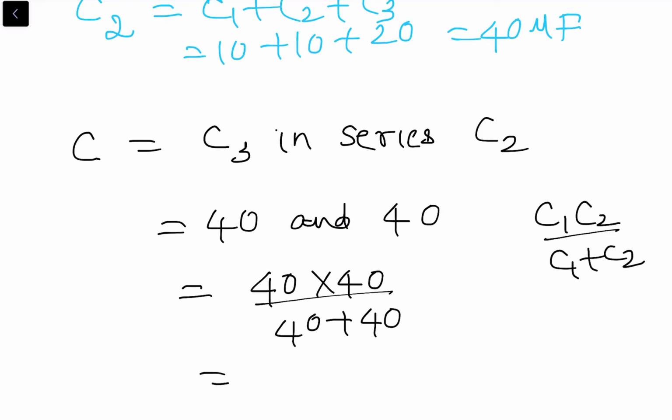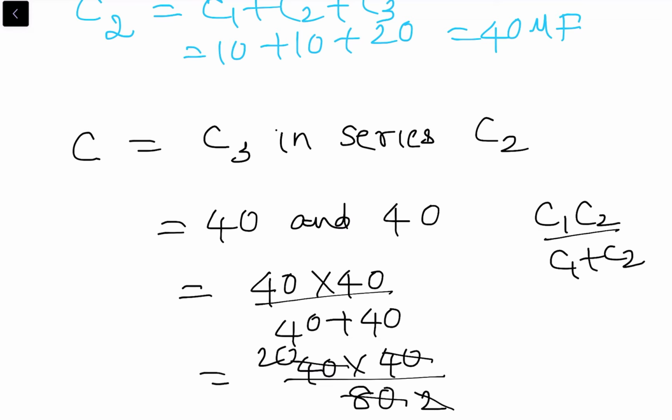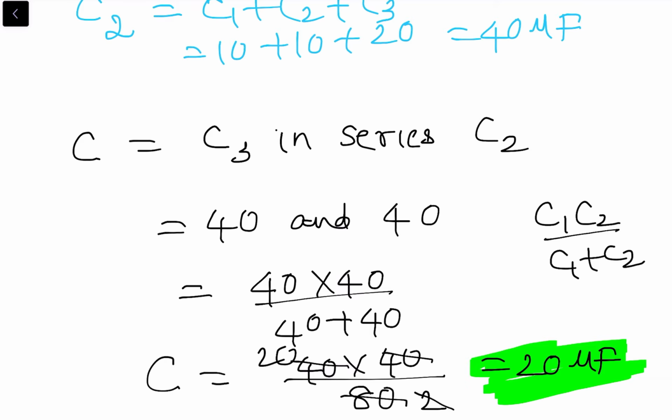Then keep 40 into 40 like that only, because calculations will be simple. Don't multiply it, and 80 you will get. Then it becomes 2 times, and then 2 cuts it 20, that is equal to 20 microfarads. So finally the resultant is 20 microfarads of the combination. Then with that the question is not over.